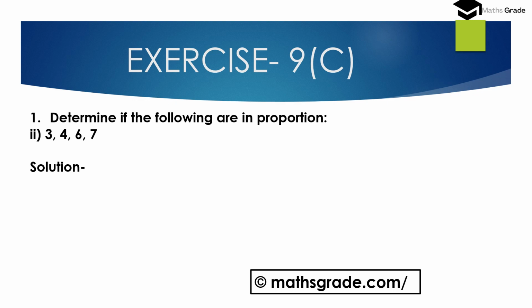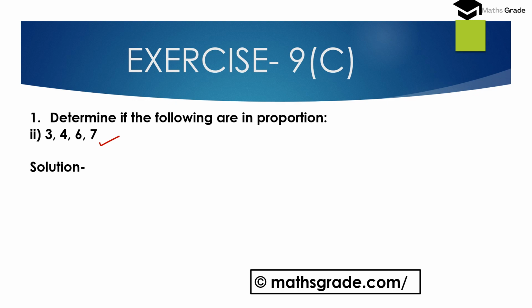Now question number 1, second bit: 3, 4, 6, 7. These are the numbers given and we have to check whether the following numbers are in proportions or not. We know A, B, C, D, the four numbers are in proportion if the product of extreme is equal to product of mean.